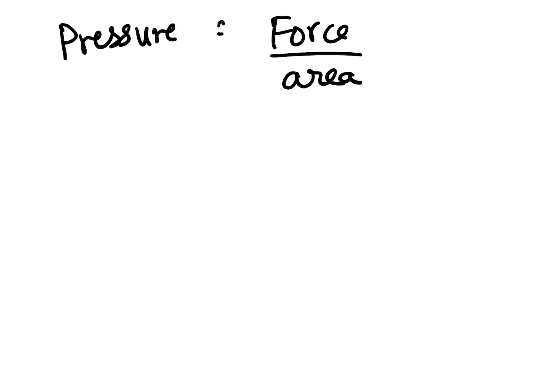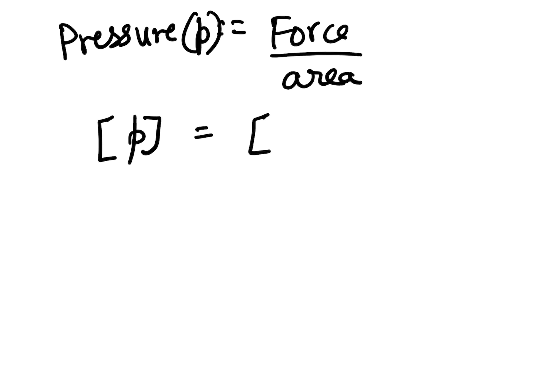Now, what is pressure? We'll see it formally later, but pressure is force per unit area. Okay, so if I want the dimension of pressure, that would be the dimension of force divided by the dimension of area.